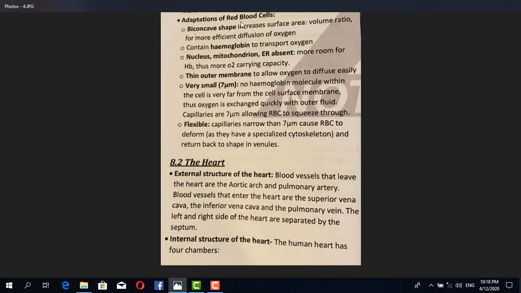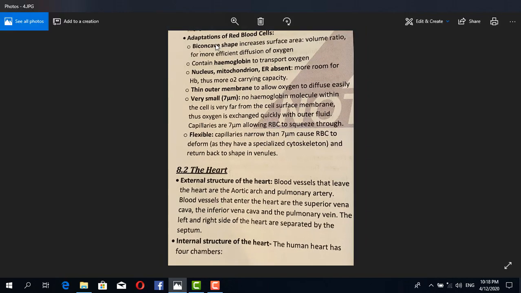Okay, adaptations of red blood cells. What makes the red blood cells adapted for their function? As we all know, red blood cells function to carry oxygen, and they contain hemoglobin to transport the oxygen.